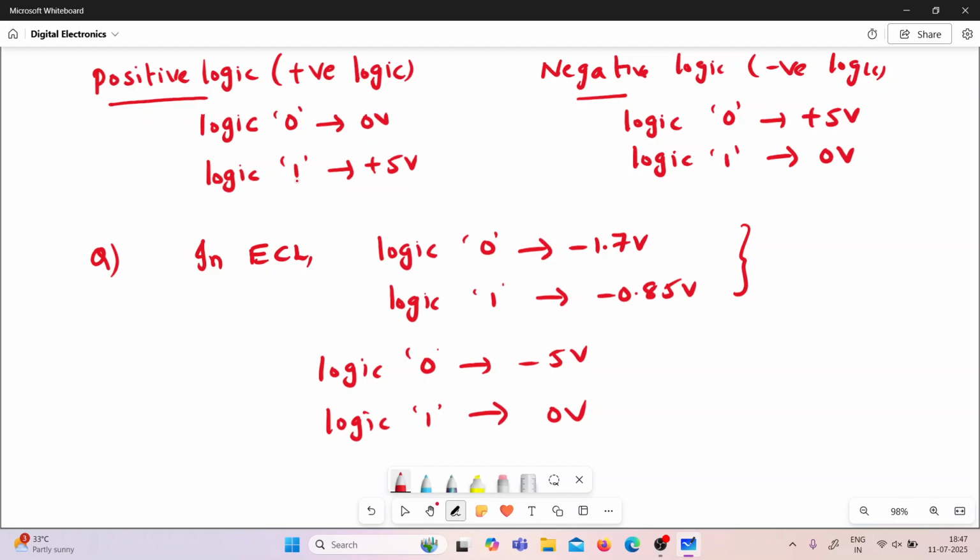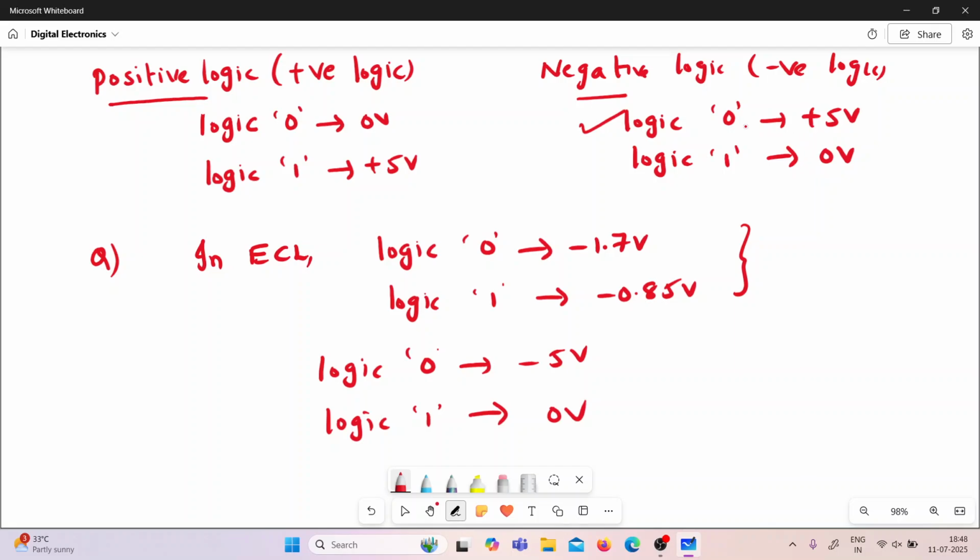We can say it another way: logic 1 is given a higher voltage compared to logic 0. Higher voltage for logic 1 and lower voltage for logic 0 is positive logic. Negative logic means a higher voltage is given to logic 0 and a lower voltage is given to logic 1.